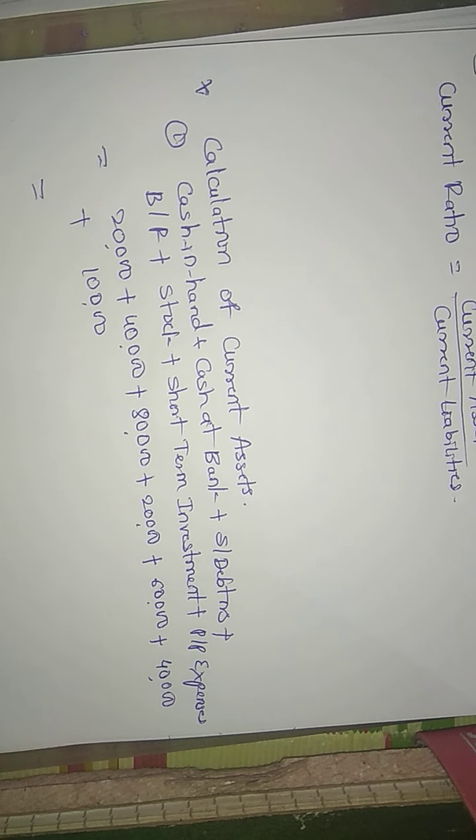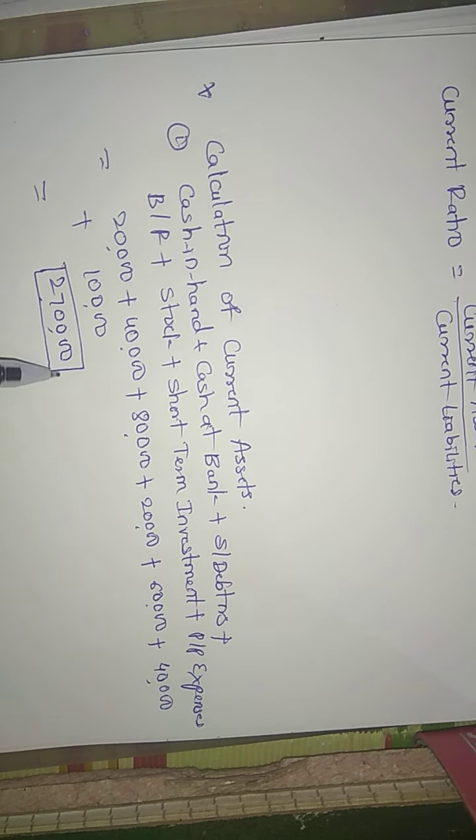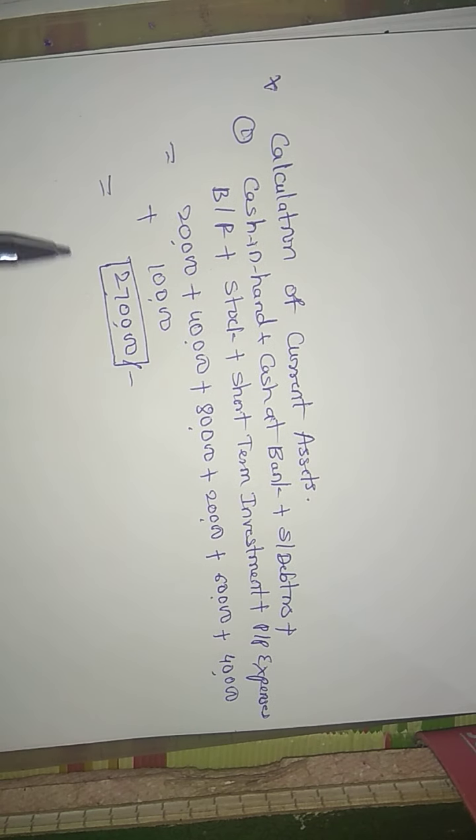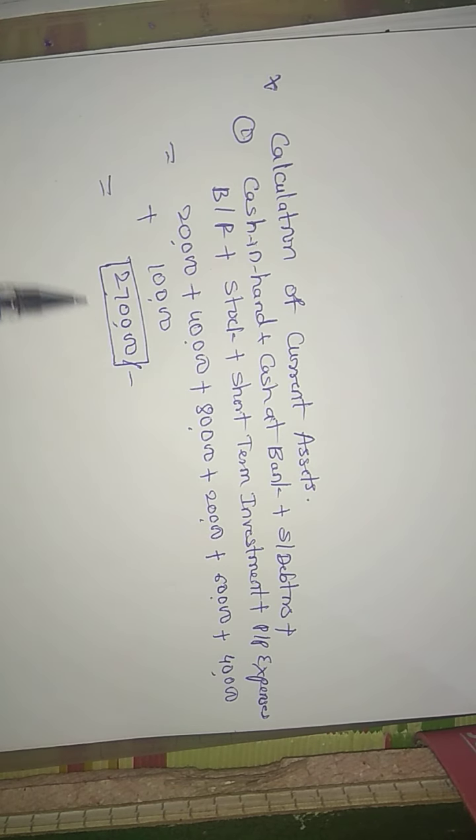Okay, here we get the total 2,70,000. Okay, this is the total of current assets. So by adding the given current assets information, we get 2,70,000 as the answer.